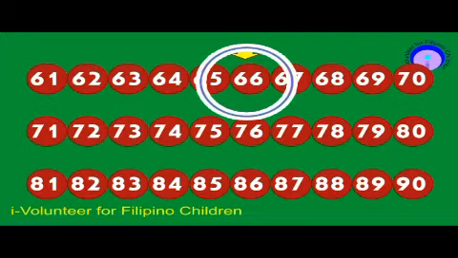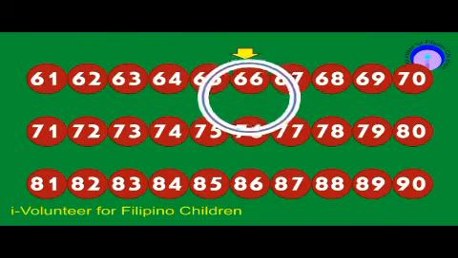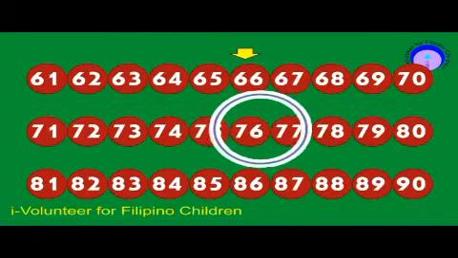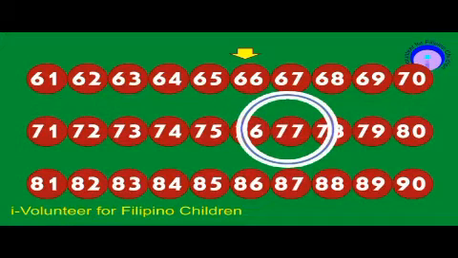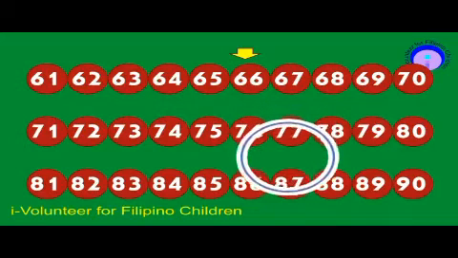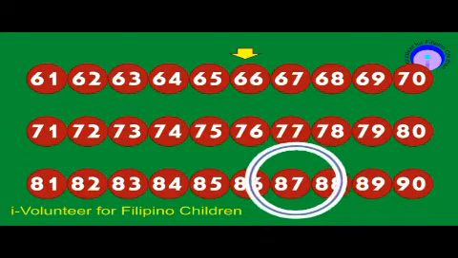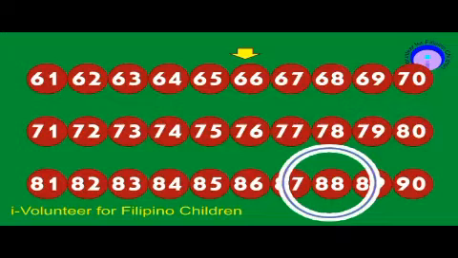Let's proceed. 66 plus 10 is equal to 76. Plus 1 is equal to what number? That's right. It's 77. Let's proceed. 77 plus 10 is equal to 87. Plus 1 is equal to what number? You are absolutely right. It's 88.